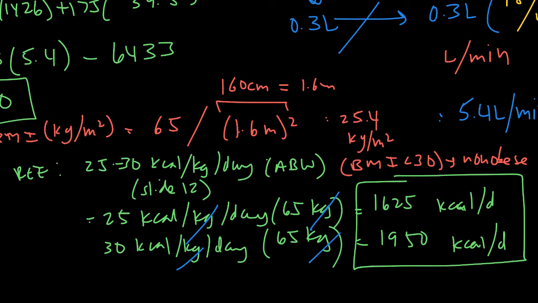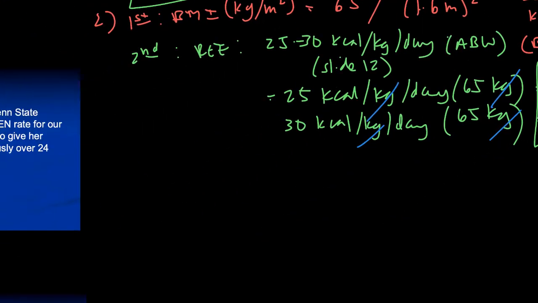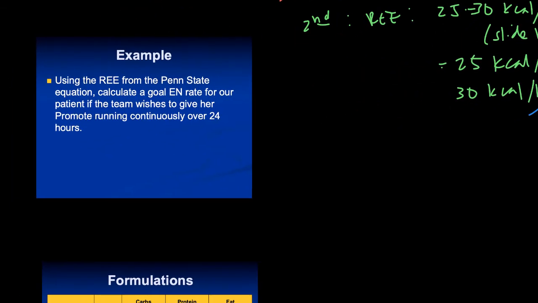Next question. Using the resting energy expenditure from the Penn State equation, calculate a goal enteral nutrition rate for a patient if the team wishes to give Promote continuously over 24 hours.